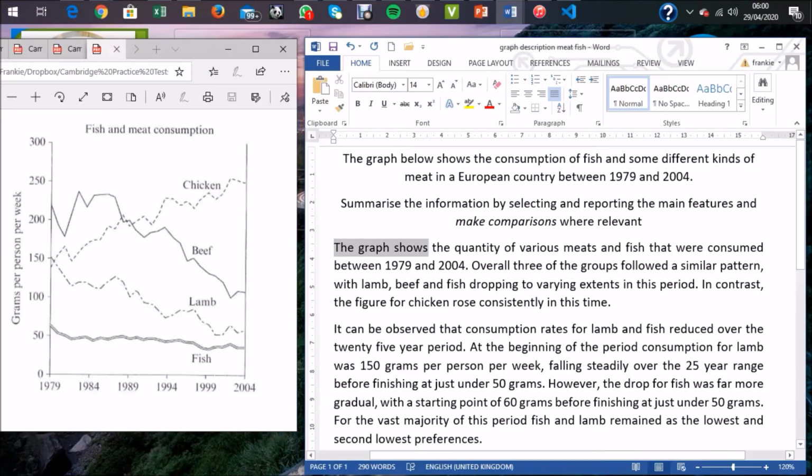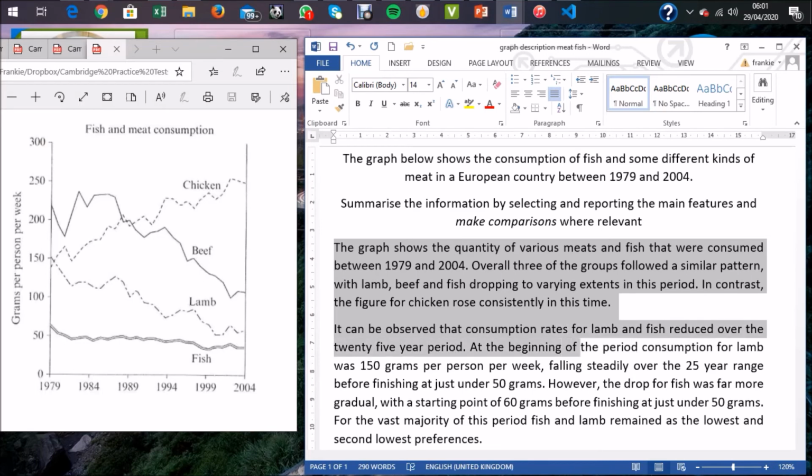The graph shows the quantity of various meats and fish that were consumed between 1979 and 2004. Overall, 3 of the groups followed a similar pattern, with lamb, beef and fish dropping to varying extents in this period. In contrast, the figure for chicken rose consistently in this time. It can be observed that consumption rates for lamb and fish reduced over the 25-year period.